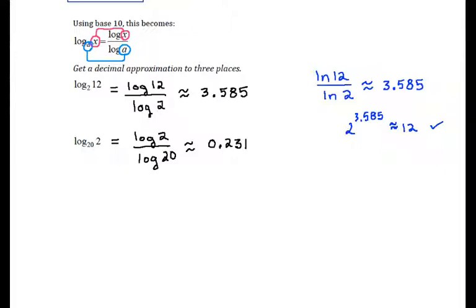This one would be 20 to the power 0.231 is equal to 2. Remember, anything to the power 0 is 1, and 20 to the power 1 is 20, so that power should come out to be a fairly small fractional value between 0 and 1. That does seem to make sense.